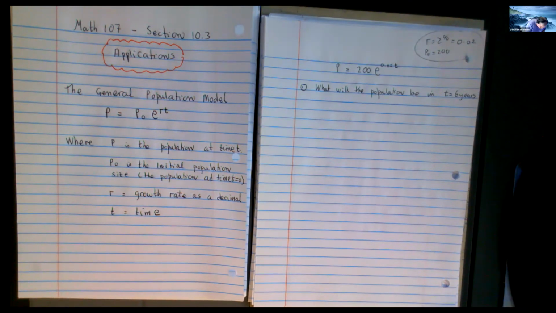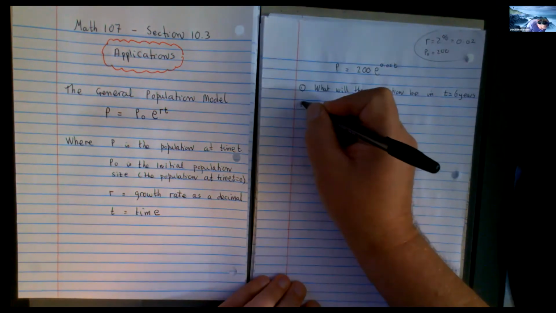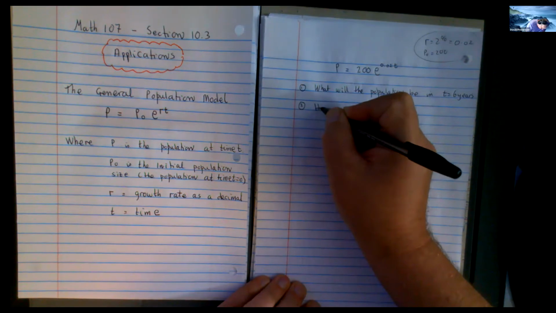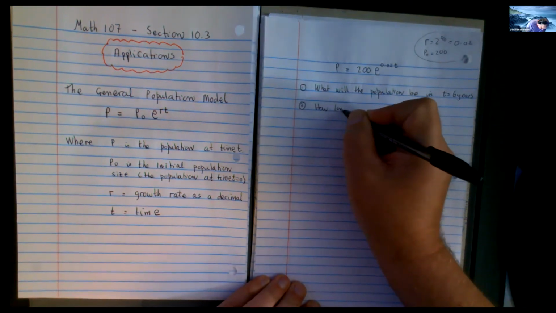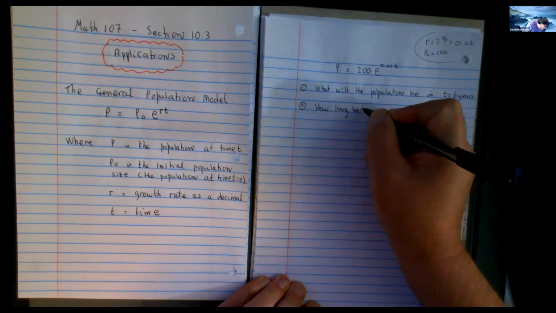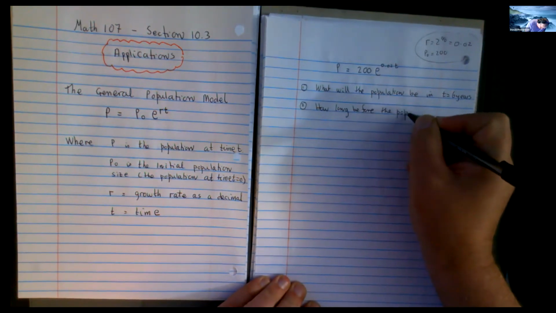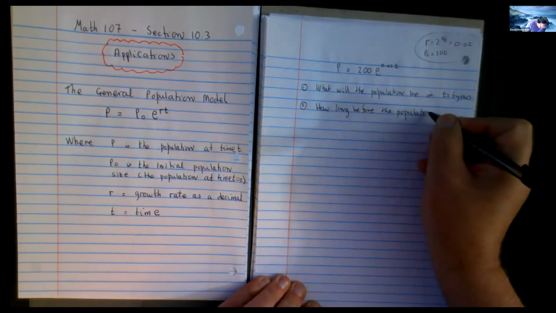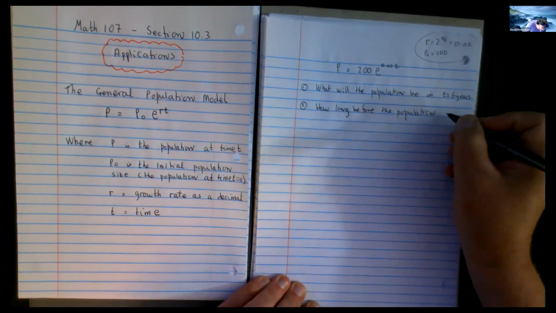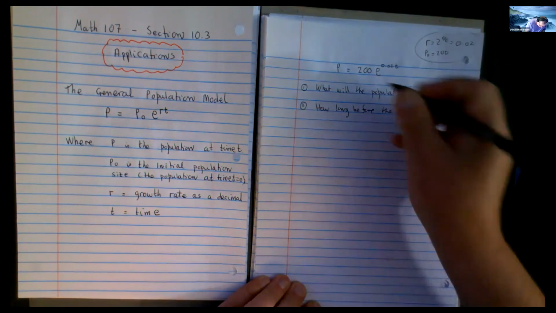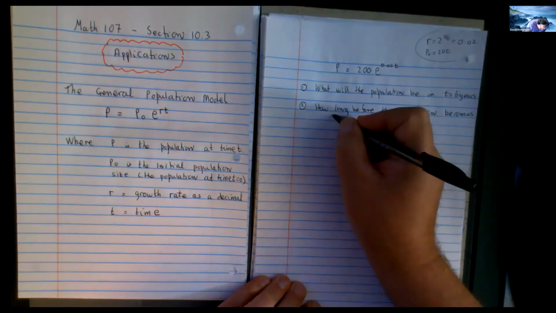And the second kind of question is a how long question. How long before the population of this town becomes, let's say, I wonder how long it takes the population of this town to become 500 people.